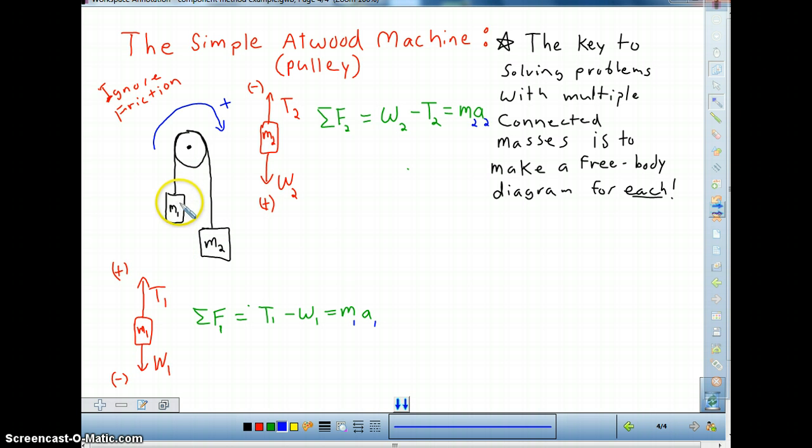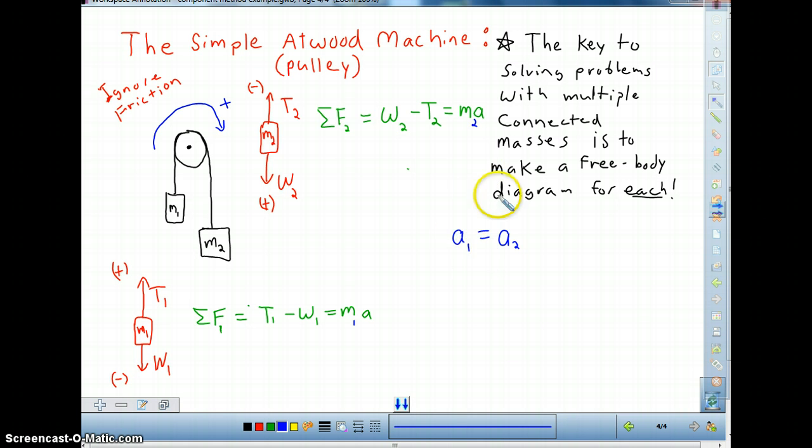They're together. Therefore, acceleration 1 from this equation has to equal acceleration 2 from the other equation. If two things connected had different accelerations, they're not really connected anymore, are they? So we could interchange a1 and a2, or just call each of them a at this point, because they're the same. You don't have to differentiate them 1 and 2 anymore once we realize that.